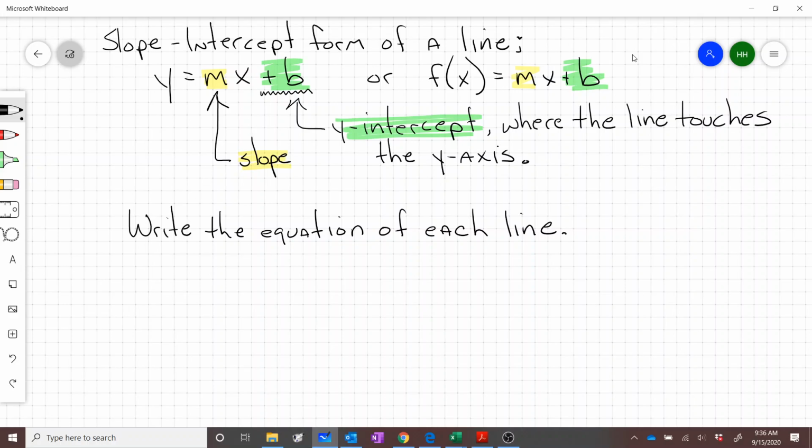So example A, you're given the m. The m is 1/5. And the y-intercept is at 0, -3.